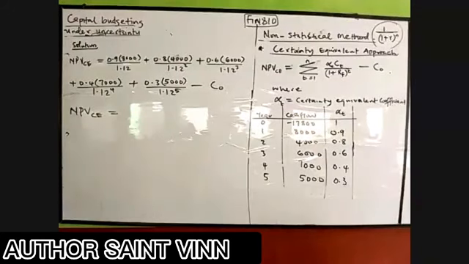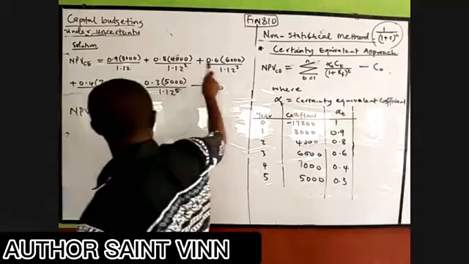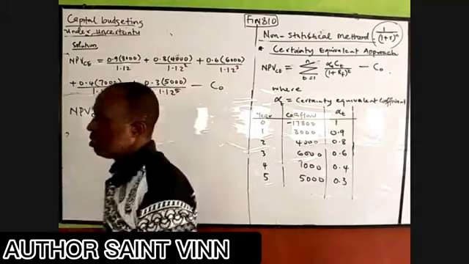So minus 3627. If you are putting brackets, bracket 1.12 raised to power minus 1, 0.9 bracket 8,000, and then divide 1.12, raised to power 2, raised to power 3, raised to power 4, raised to power 5.